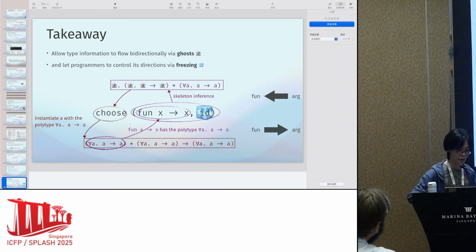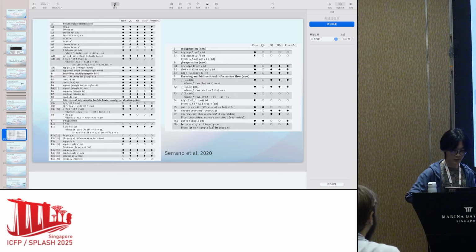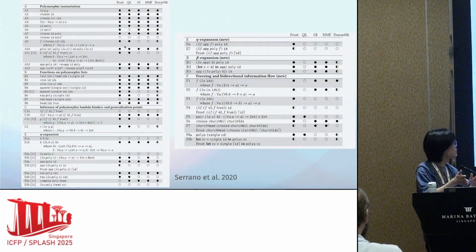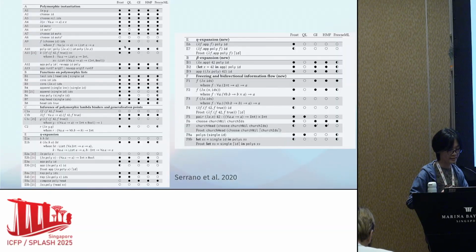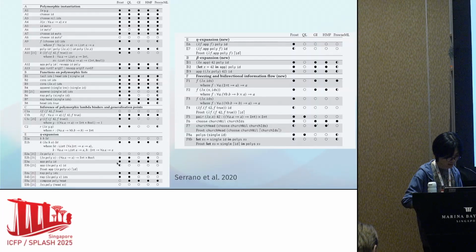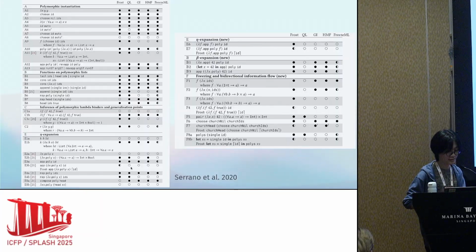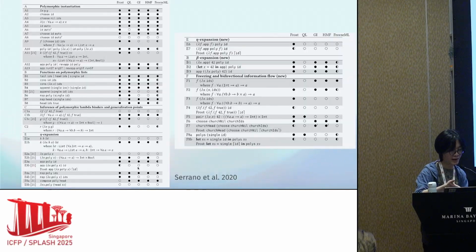This is a very good point. So the left part of this table is taken from existing papers, and I think this is probably the only one that requires freezing, which is not supported by the other approaches we are comparing with.